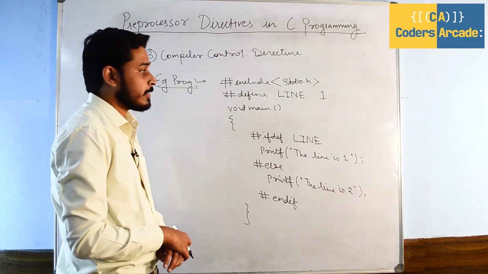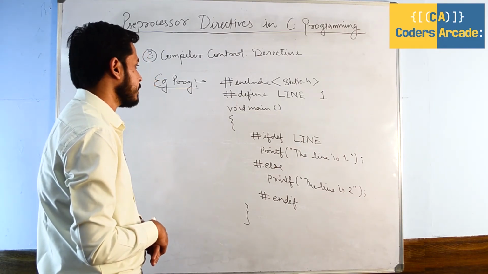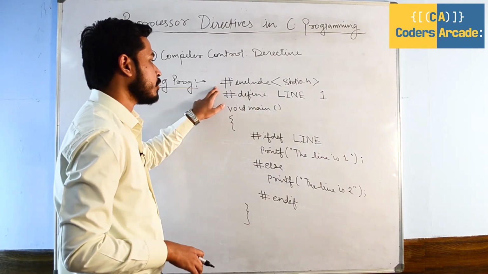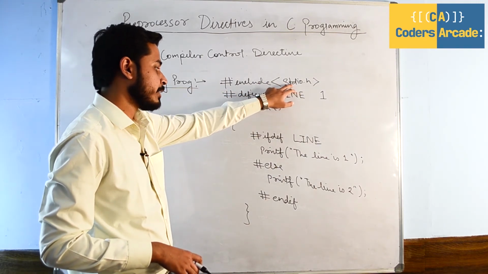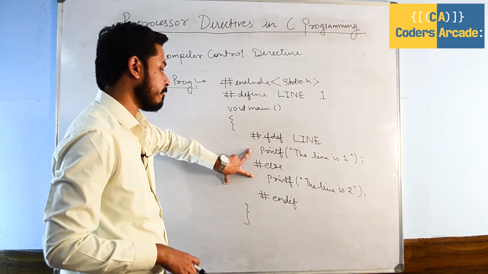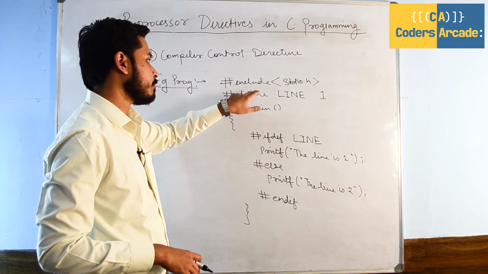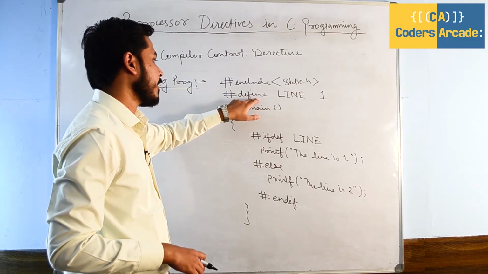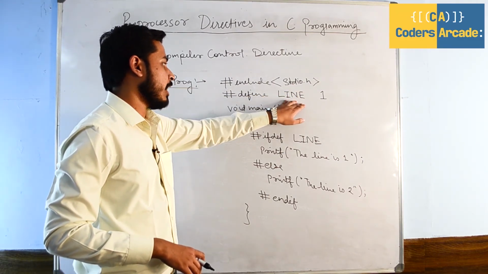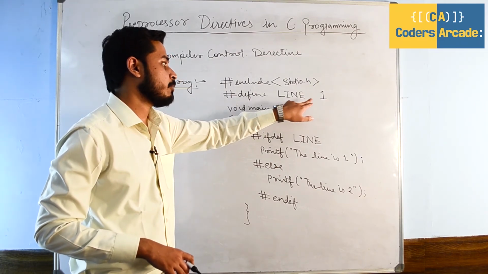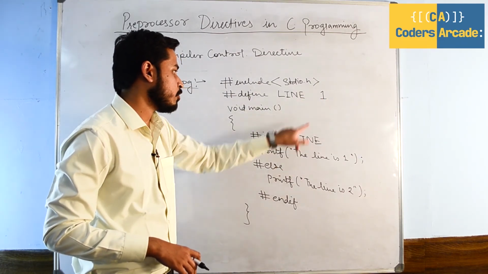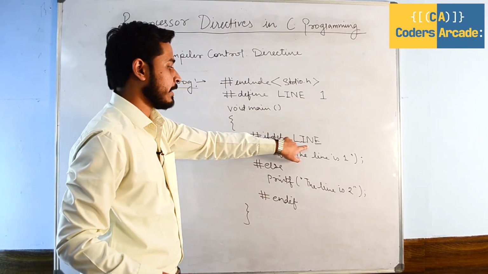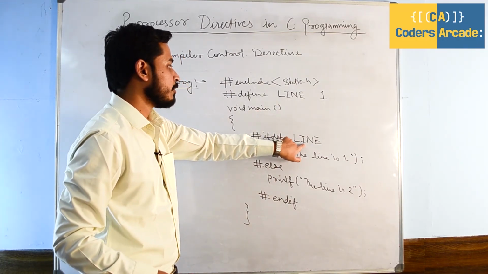Now let's dive a little bit deeper and see what's happening here. So this is our #include stdio.h. We are including this so that we can access the printf function right here, and this is very important. It's the standard input output file. Then I've defined the macro, line and 1, so line will be swapped. The line in this whole program will be swapped with 1. So in our main function, #ifdef line means line will be swapped with 1.